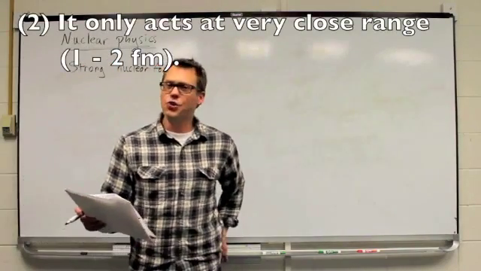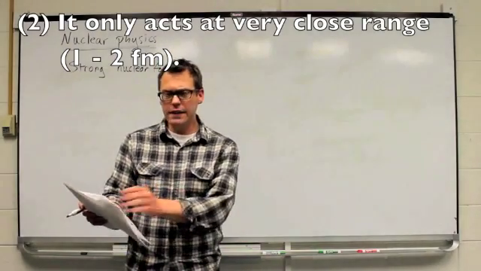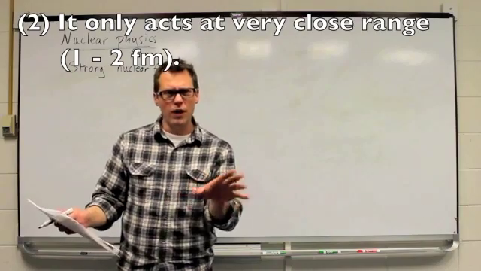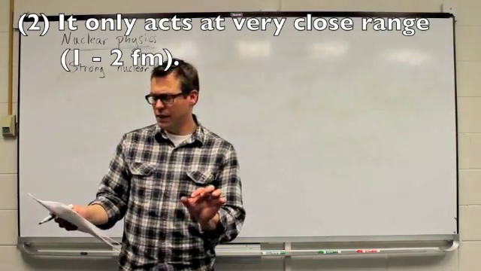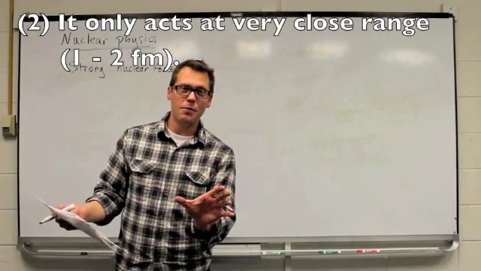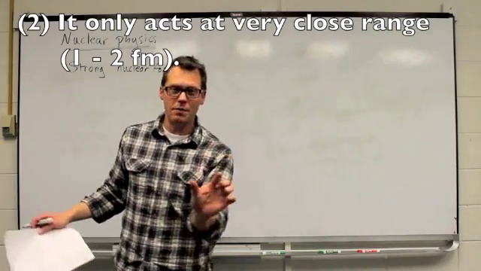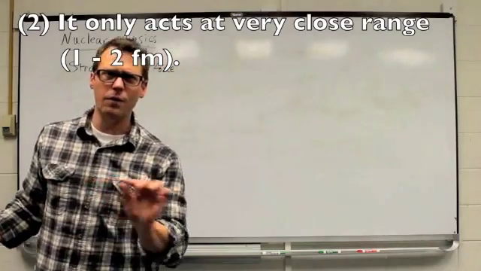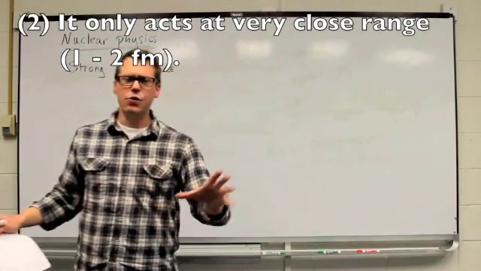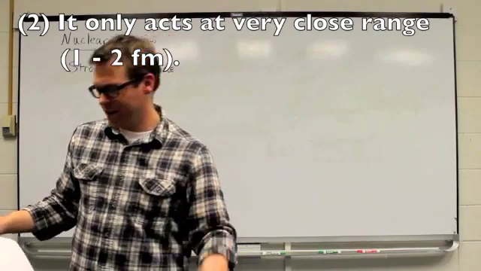Number two, it's very short range. Once you get two particles, two protons for example, outside of the 1 to 2 femtometer range, the strong force basically disappears, and the electrostatic repulsion will kick in and they'll fly apart. But once you get them inside that magic window of about 1 to 2 femtometers, the strong nuclear force kicks in and they get sucked together.